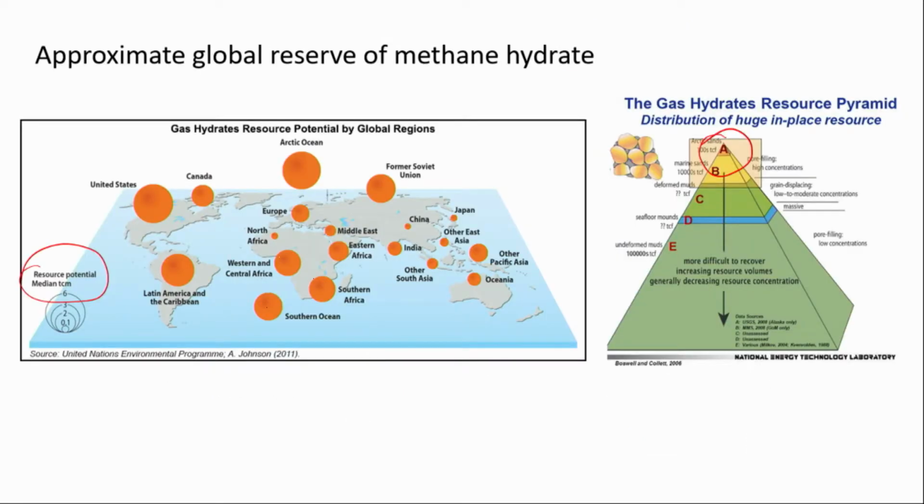Now, if you look from the global perspective, you can see that methane hydrates can be seen in many different places here. Each of these circles represents the approximate resource potential in trillion cubic meters.